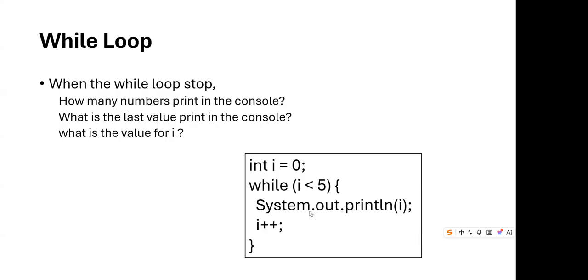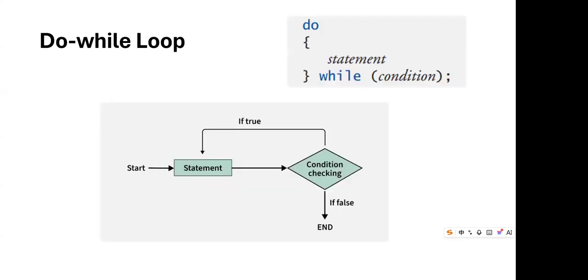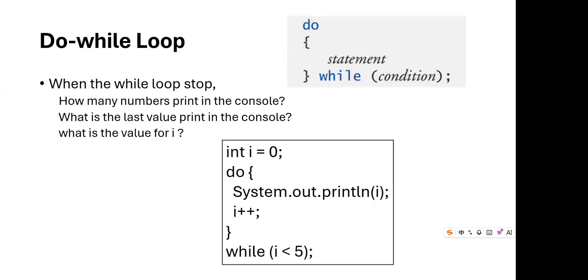Because I smaller than 5 is not valid. That means if I is initialized to 6, the whole while loop is skipped. However, when we are doing the do while loop, you still have to do the statement at least one time, no matter whether the condition is valid or not. And that is the difference.